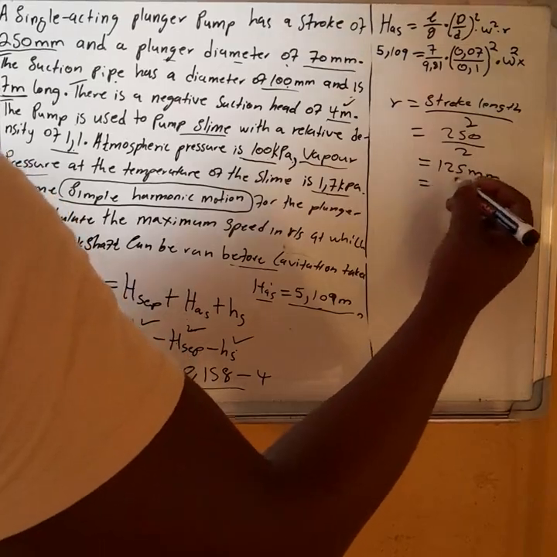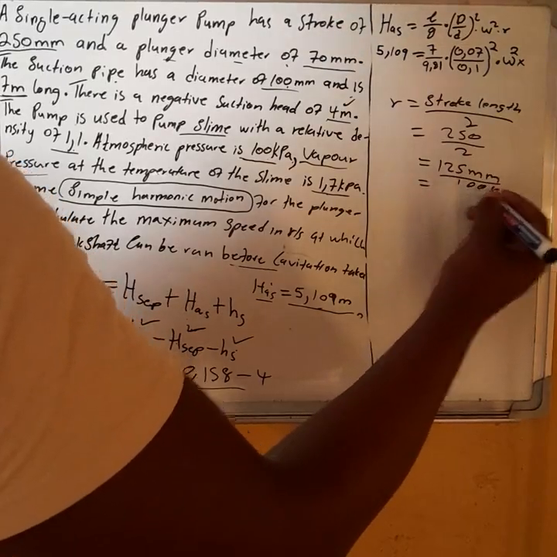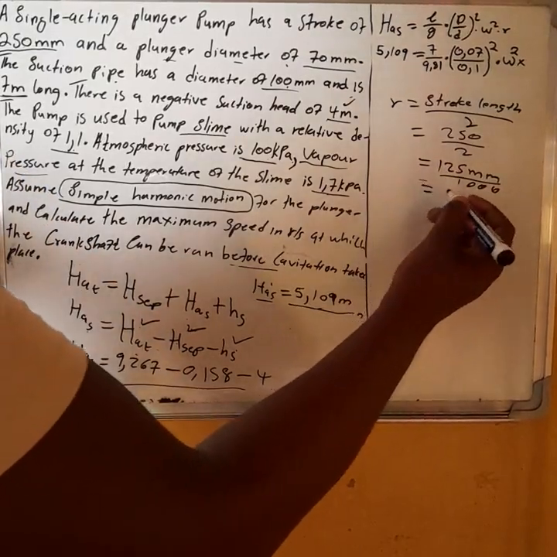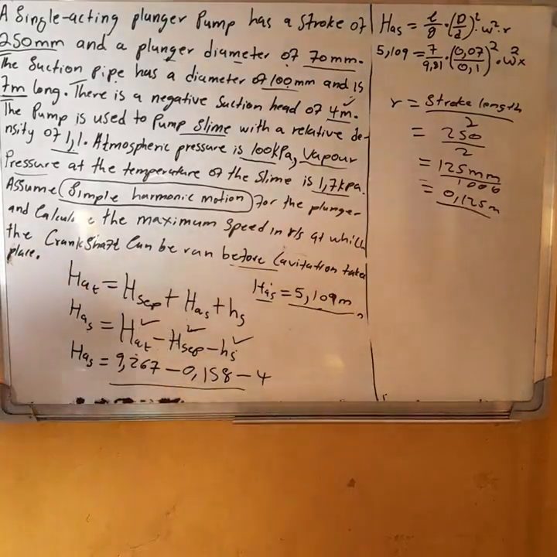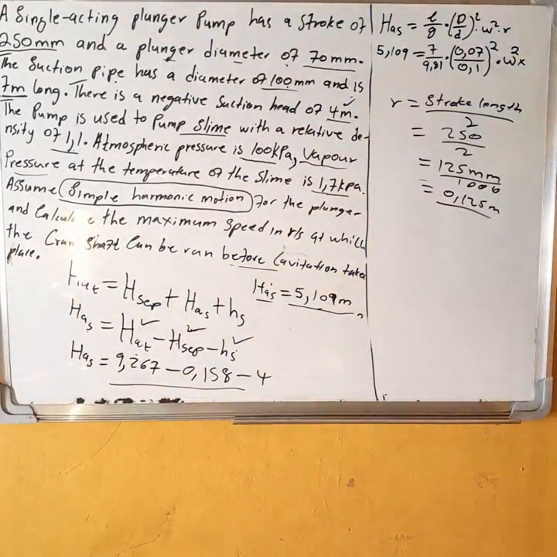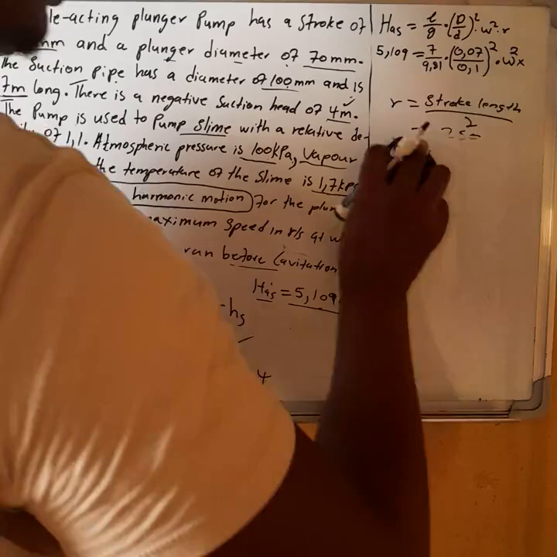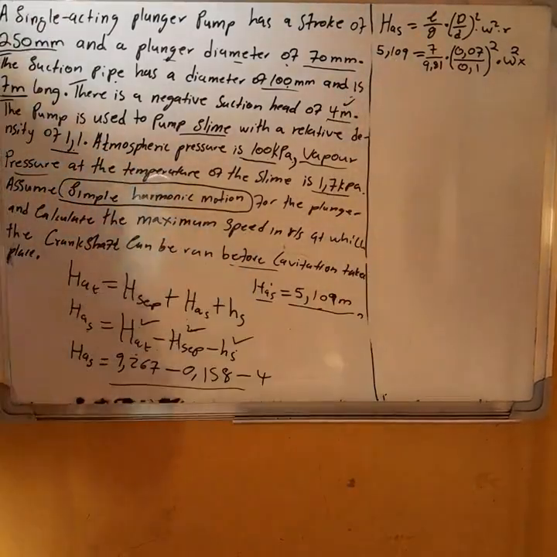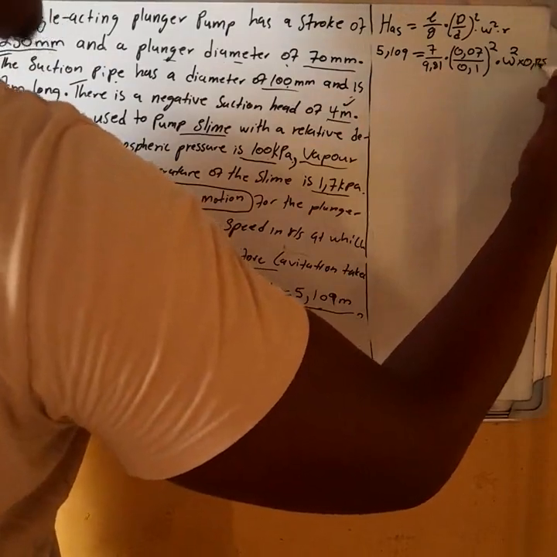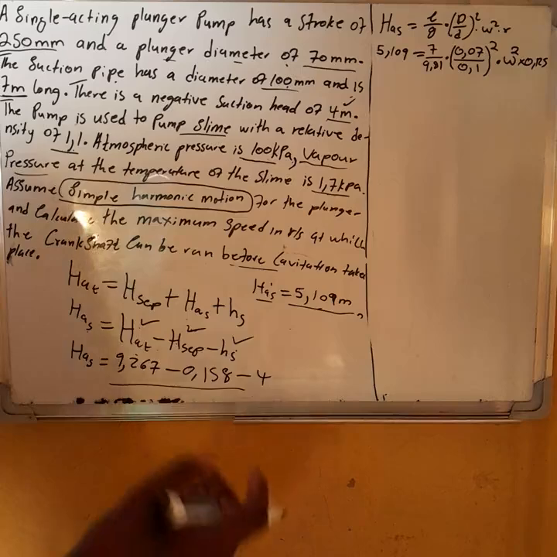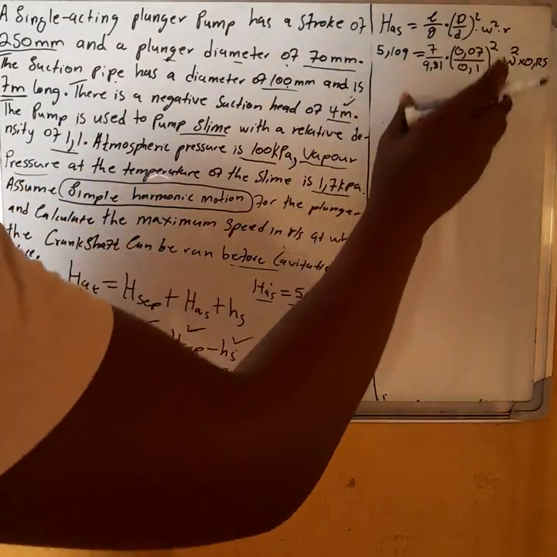In meters, we divide by 1000, so it will be 0.125 meters. We have shown that this will be 0.125.